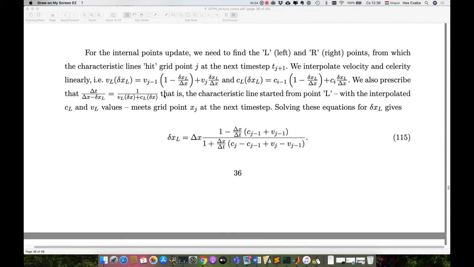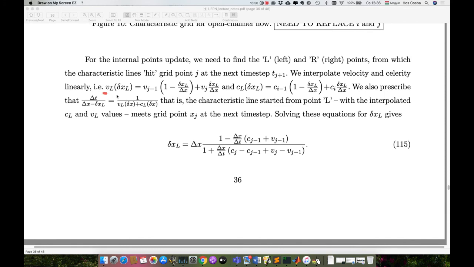Okay, so I wrote here down all the equations. Please have a look at it, think it through. So basically you have a linear interpolation between the node points. Okay, there is some discrepancy with the indices. So the spatial grid is always denoted by J. This is a typo here.